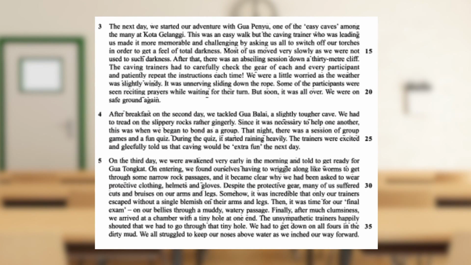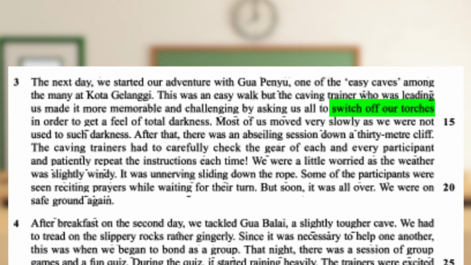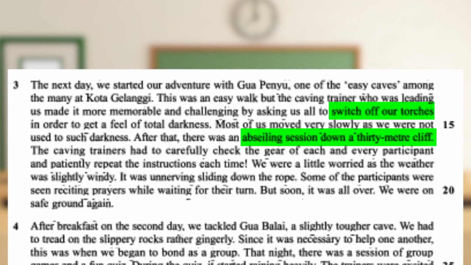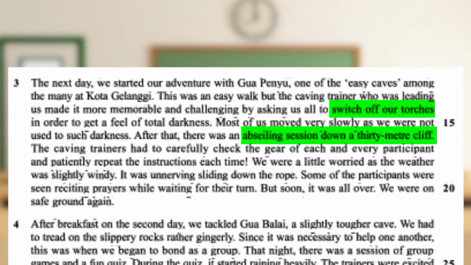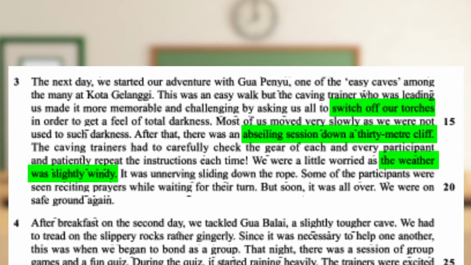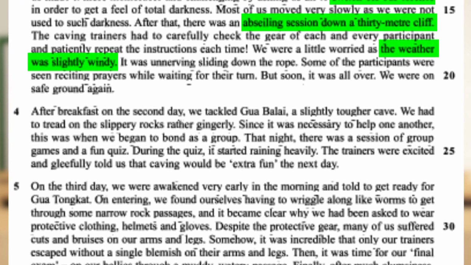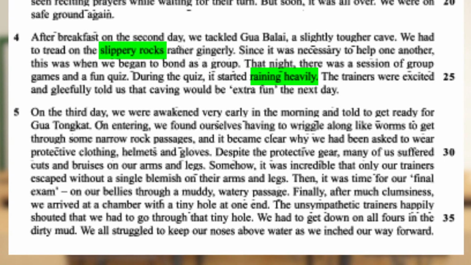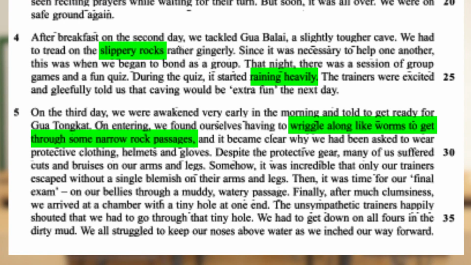Here are the points. Switch off torches. Abseiling session down a 30-meter cliff. The weather was slightly windy. Slippery rocks. Raining heavily. Wriggle along like worms to get through some narrow rock passages.